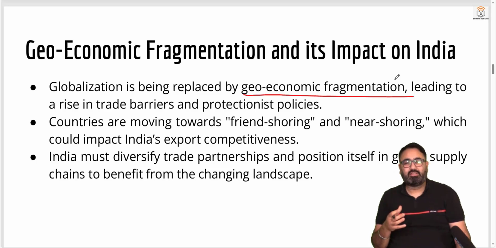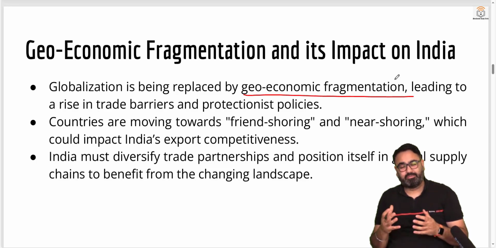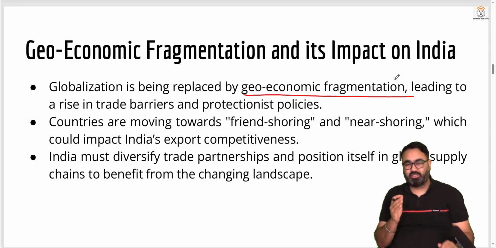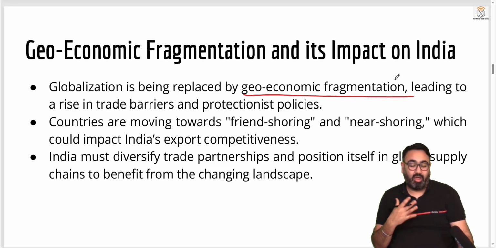Now what we see is countries are forming small groups and they are happy to trade within that group. ASEAN, EU, BRICS, SAARC. So we are seeing a lot of smaller groups emerging. Countries either prefer to trade within these smaller groups, have free trade agreements with a bunch of countries and then trade within themselves, or maybe just focus on their nearby countries. So globalization now is moving towards something else.